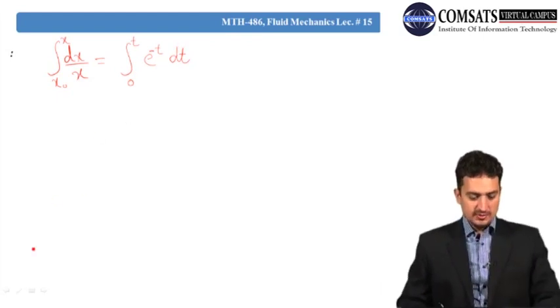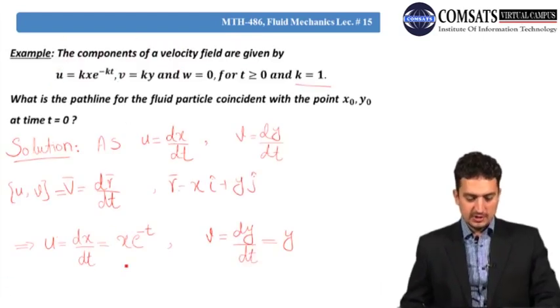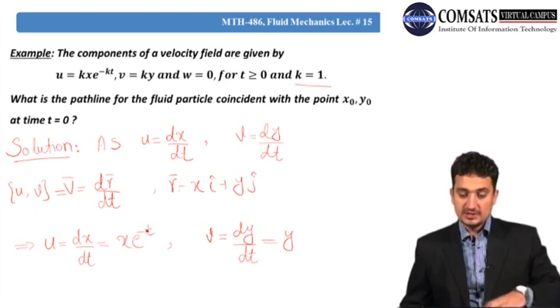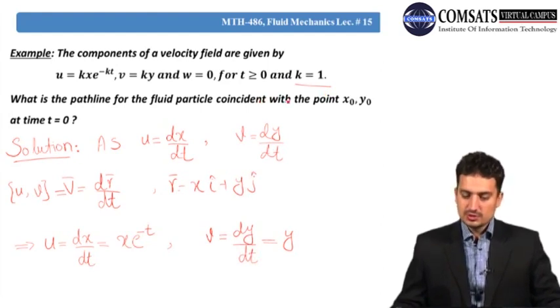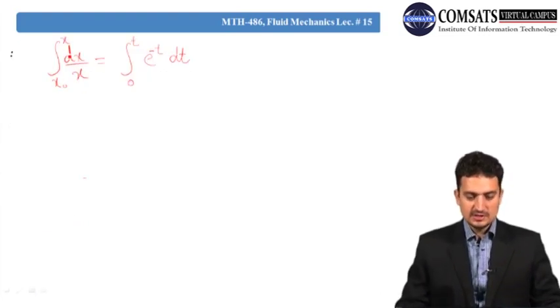Simply look at this: we have solved our x component equation by dividing by x on both sides, with dt and e to the power minus t. And where did we take the limits of integration from? Because we start with the point x naught, y naught at t equal to 0. So we used x naught to x and 0 to t.